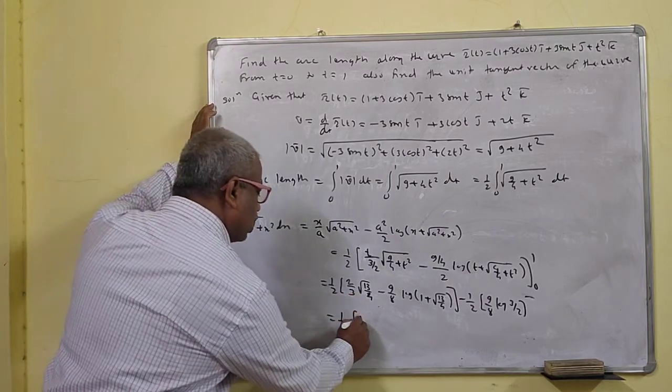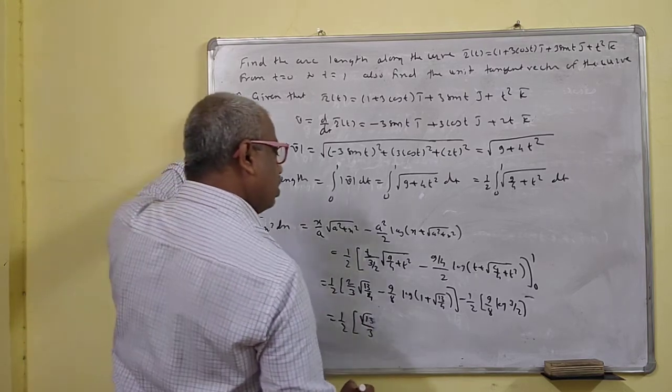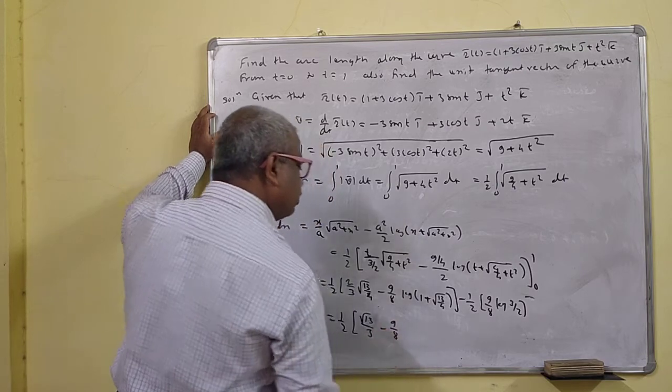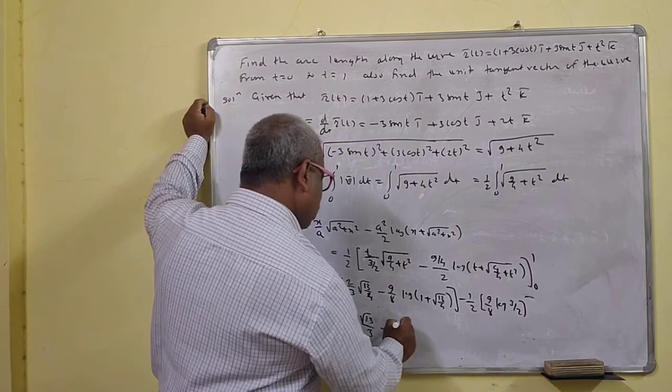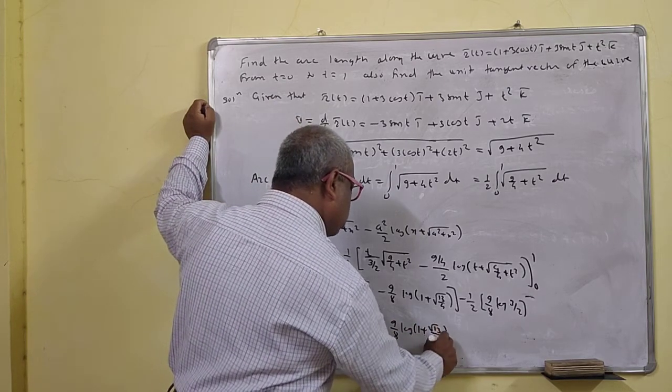This is root 13 by 3, minus 9 by 8 log of 1 plus root 13 by 2.